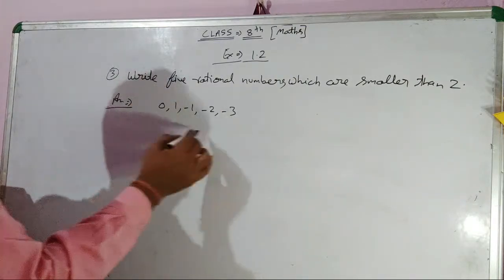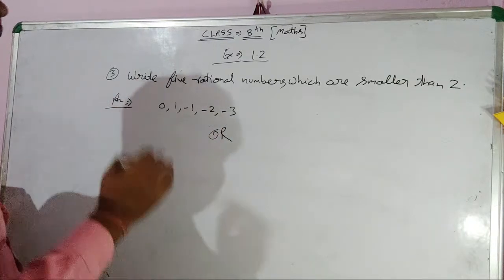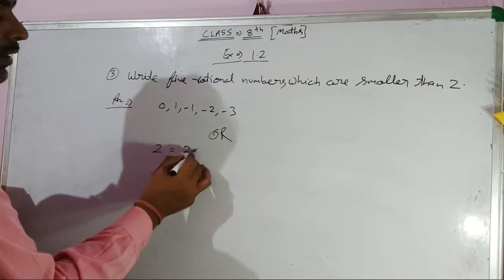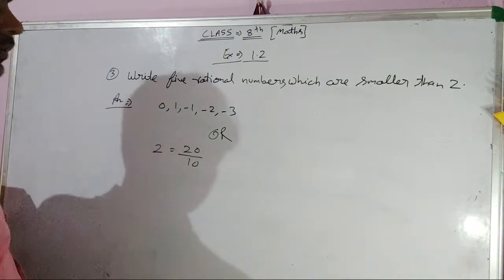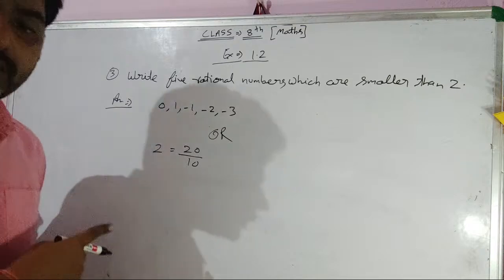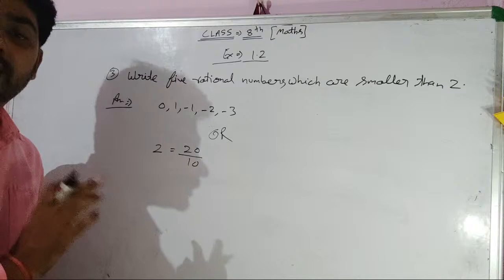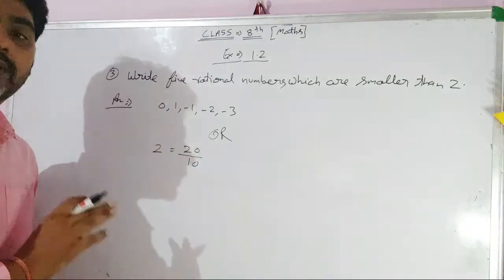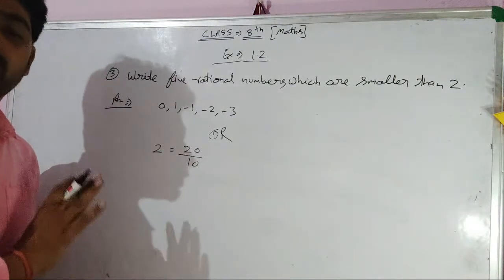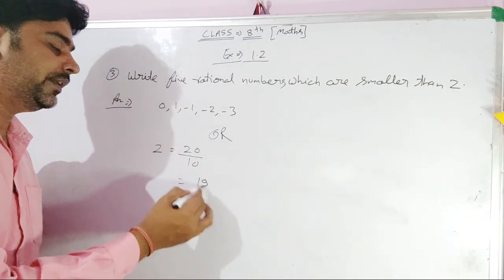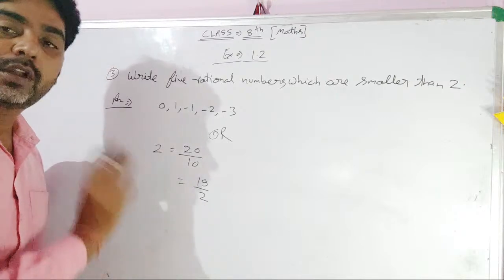That is right. It may be possible that your answers are different. Also, you can solve it like this. Look, can I write 2 as 20 upon 10? 2 is equivalent to 20 upon 10. Now, every number which is smaller than 20 upon 10 is also smaller than 2. If I write 19 upon 10, then this is smaller than 2.